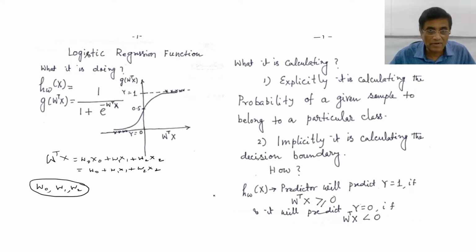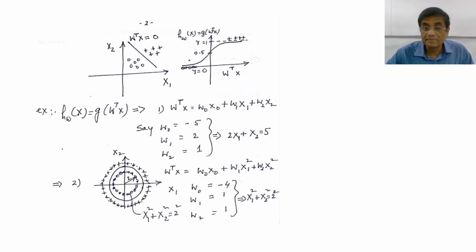Let us see how. If I just draw this again, this is my sigmoid function. This is w transpose x. You have already seen, if this is my z, and this is the definition of the sigmoid function, it goes between 0 and 1, and in between there is 0.5, with the asymptotes passing through 0.5.